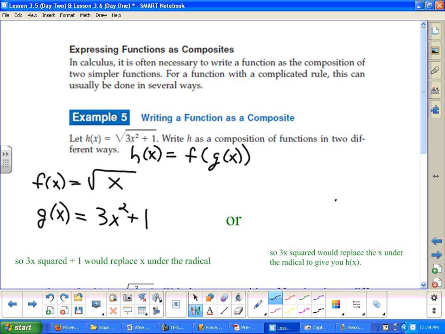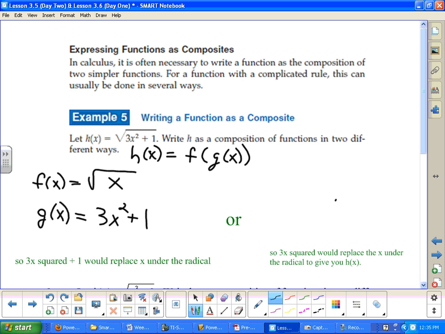All right, can you see that? This is our composite function. So we need to find two functions that when I do the composite, I get this. One example is here.